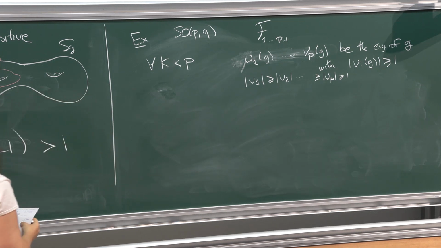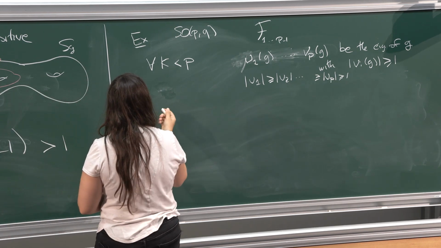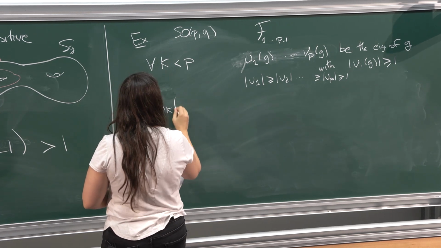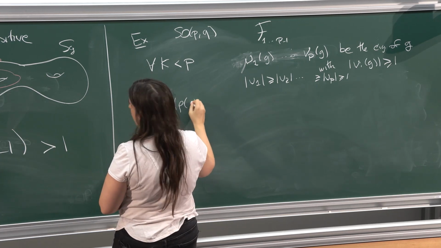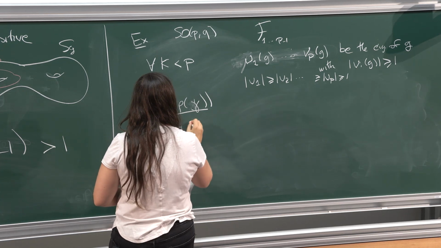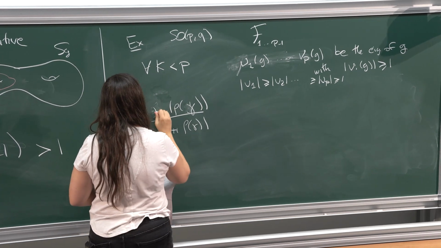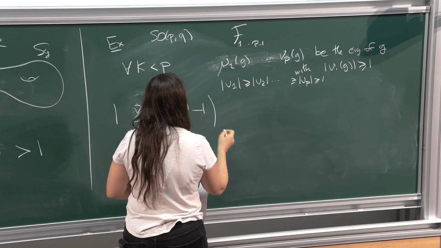And then what I'm saying here, e to the alpha of lambda of rho of gamma is going to be the absolute value of lambda_k of rho of gamma over lambda_{k+1} of rho of gamma. This was nu, sorry. Minus 1.